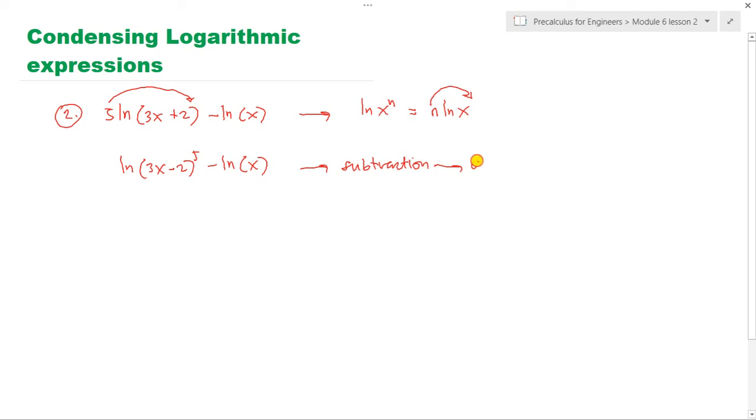Ma-convert na siya into division of the exponents. So here, we can say that that is ln of 3x minus 2 raised to 5 all over x. Kasi in subtraction, division ang gamiton pag condense.